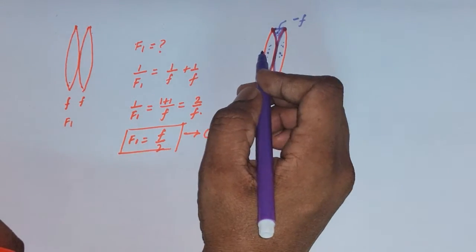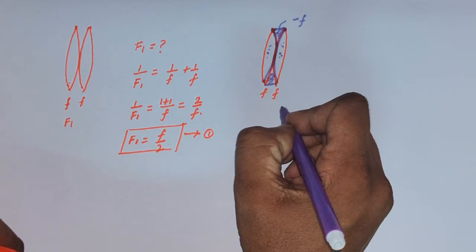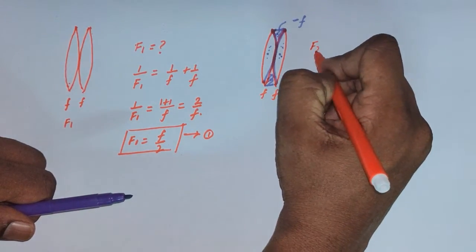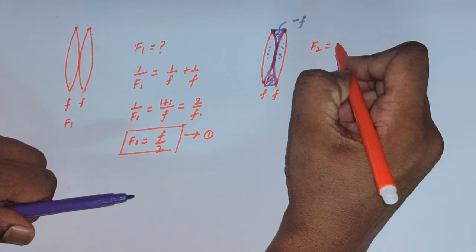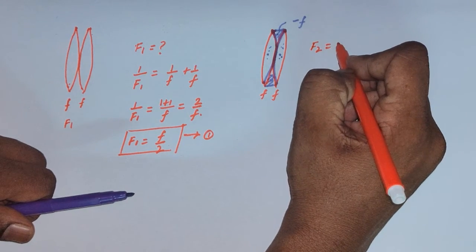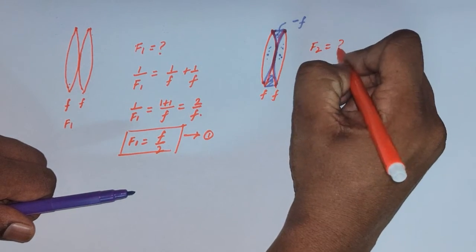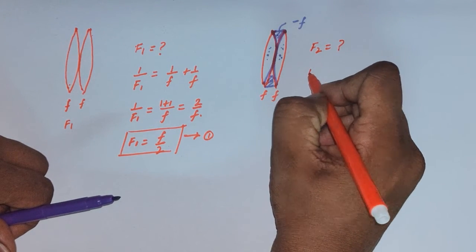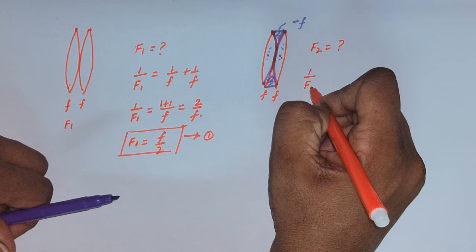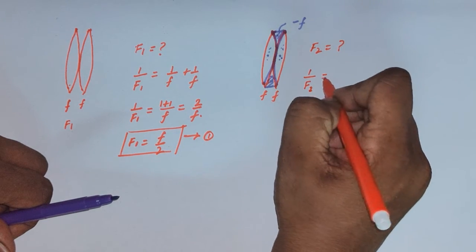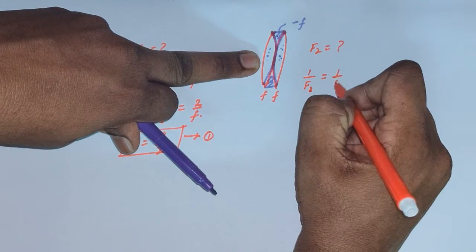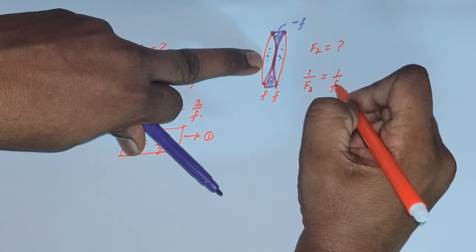So now what is the resultant focal length? We need to find the resultant focal length, which is called F2 in the question. For that we have the same relation. The resultant focal length: 1 divided by F2 equals the reciprocal of the first convex lens focal length, plus 1 by f.